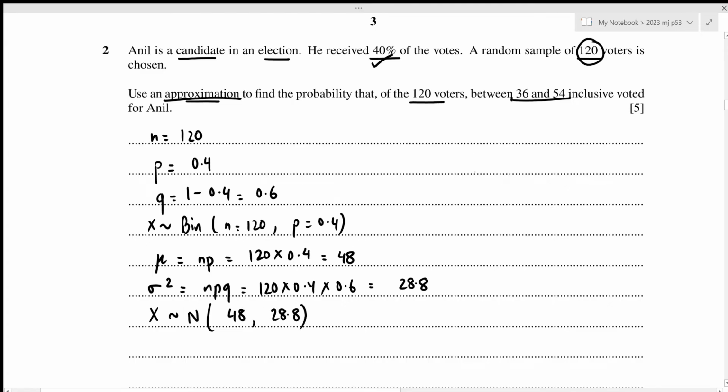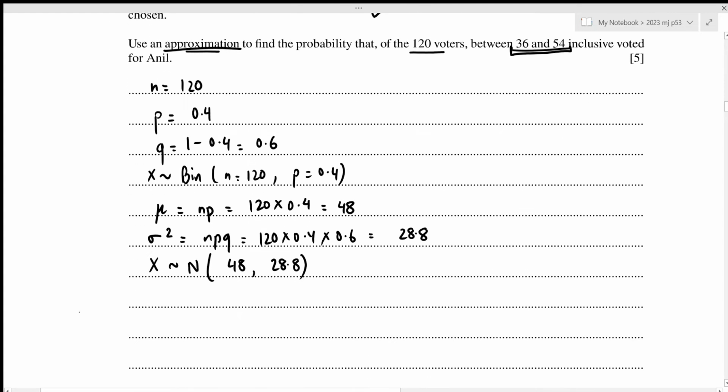Okay, now we need to figure out the probability that between 36 and 54 inclusive voted for Anil. So we can just write it down as the probability of 36 is less than or equal to X is less than or equal to 54. And we include the equals to in this case because we are told that 36 and 54 are inclusive. Okay. And since this is a case for approximation, we always need to perform a continuity correction.